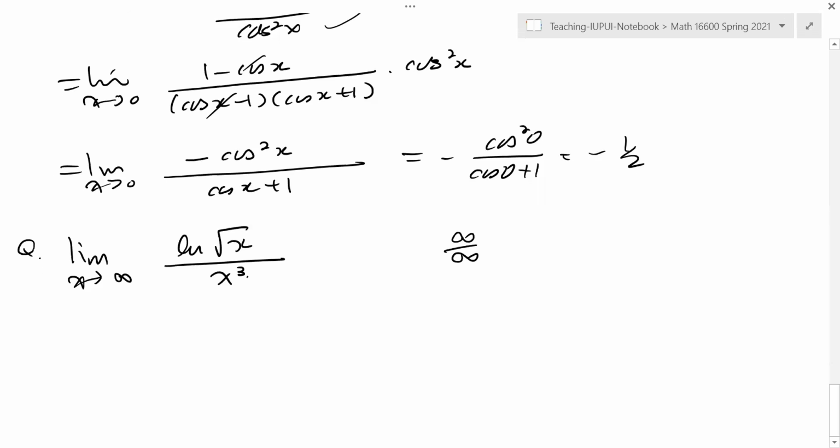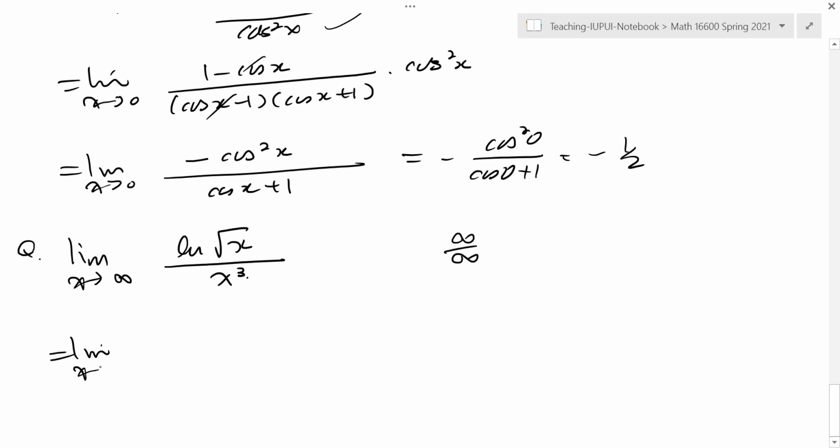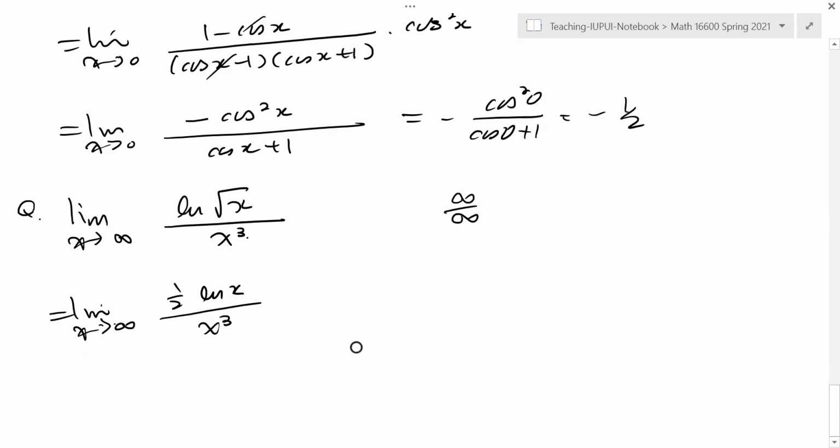But when you come to apply L'Hopital's rule to this problem, you have to differentiate numerator and denominator. I think you have to modify it first, because it's really not a good idea to differentiate natural log of square x directly, otherwise you have to use the chain rule, right? So if you express it in this form, then it's much easier.